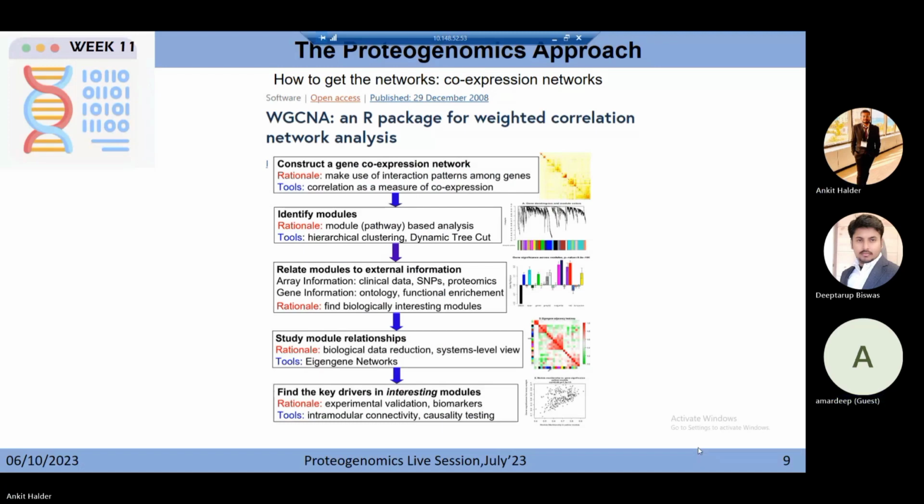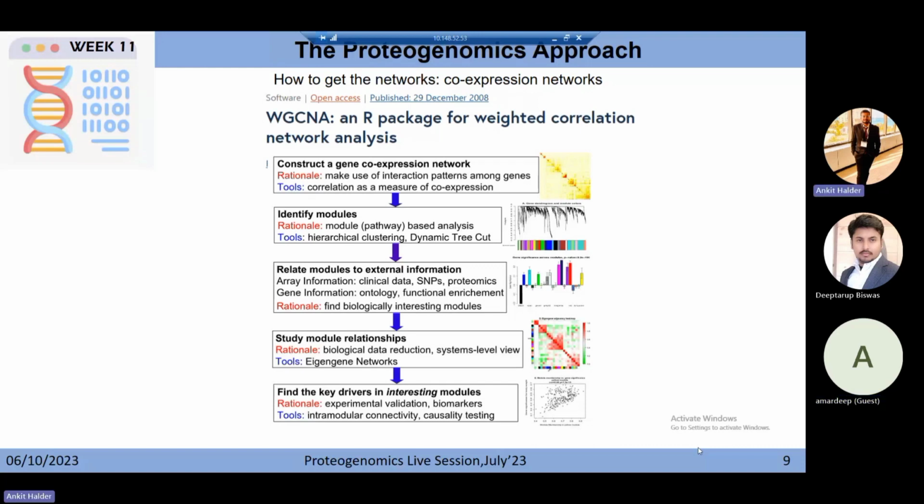So where we were is identifying the modules through hierarchical clustering and dynamic tree cut, and then relating the modules to external information: array information, clinical data, SNPs, proteomics, gene information like ontology, functional enrichment, etc. So it will find you the biologically interesting modules.